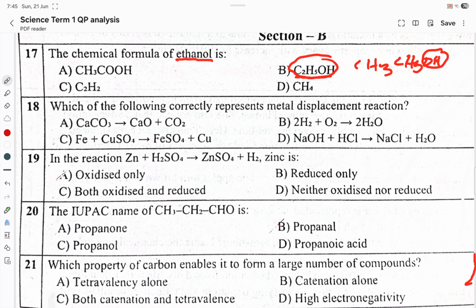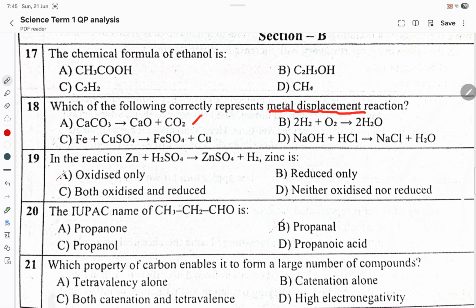Now let's see the second question over here, question number 18. Which of the following correctly represents a metal displacement reaction? The first one is calcium carbonate, which gives calcium oxide and carbon dioxide.